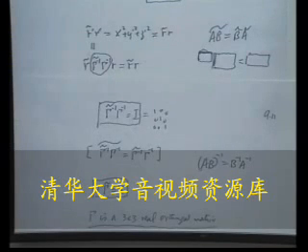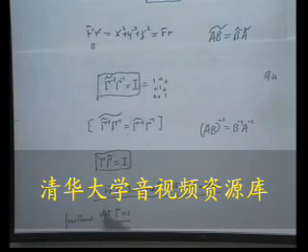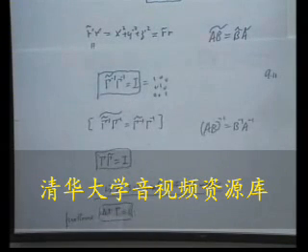Furthermore, the determinant of gamma is 1. How do I know that? First, I take the trivial case of no motion.